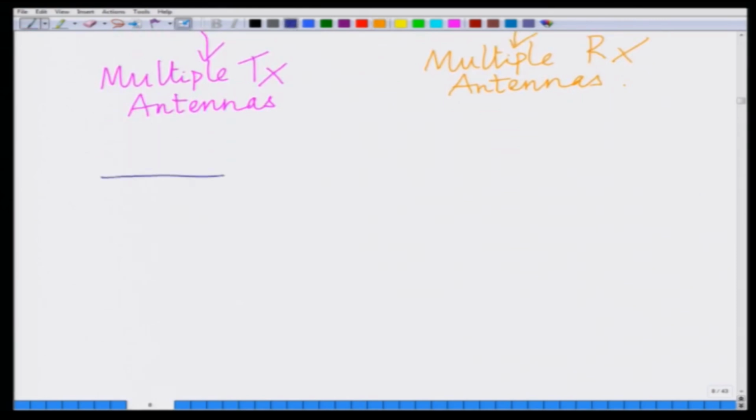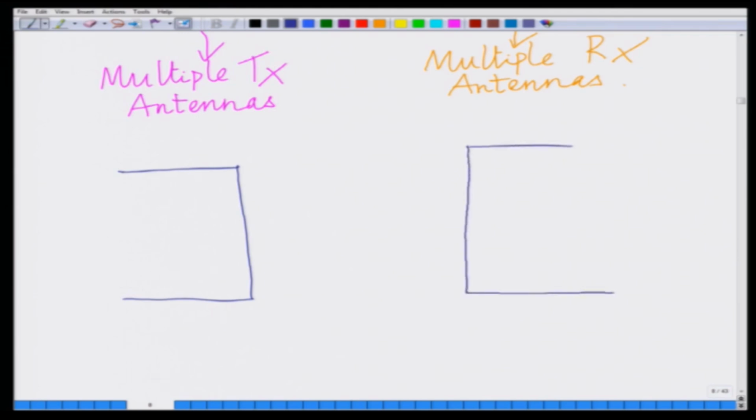For instance, let us consider a simple MIMO system with 2 transmit antennas and 2 receive antennas. So I am drawing here a schematic diagram of a simple MIMO system.